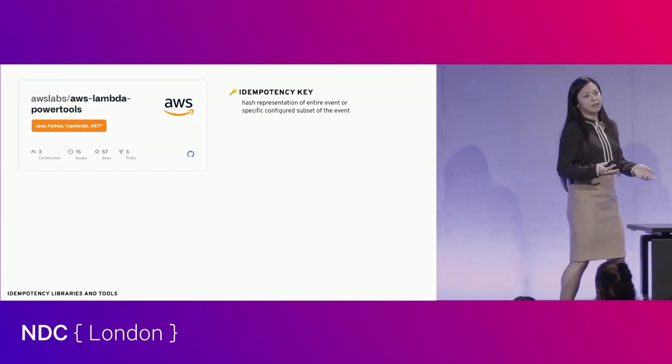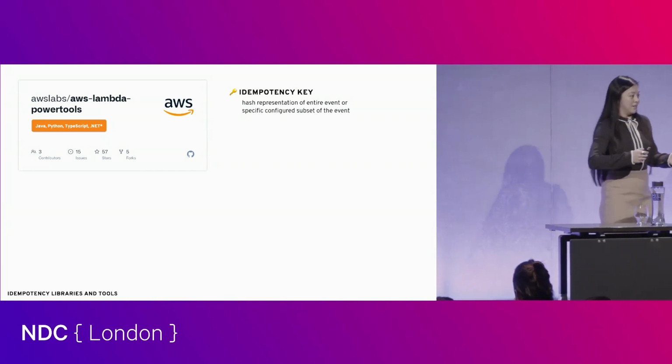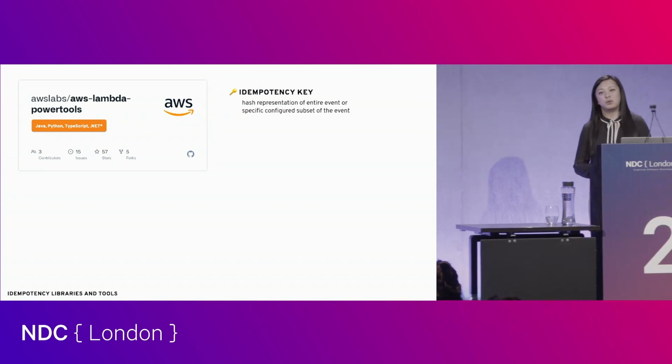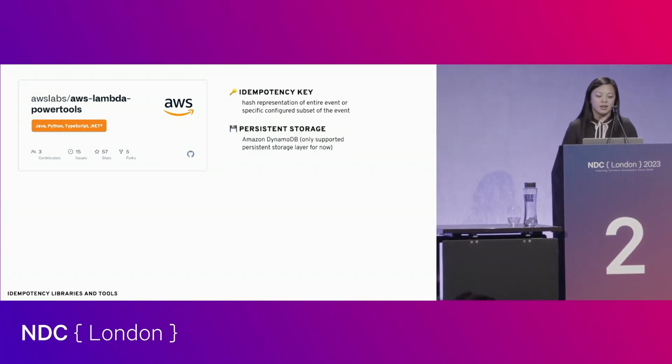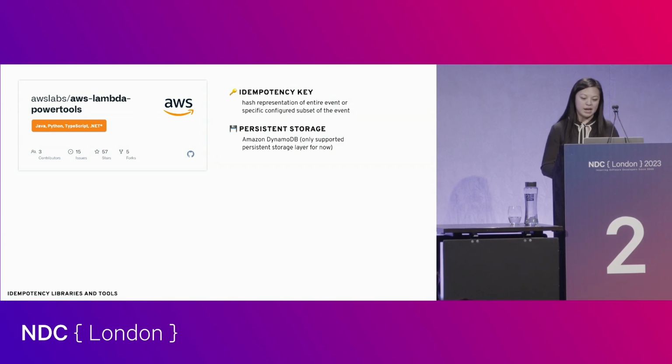So if you have really, really small payloads, then using the whole payload might work for you, or if you only need a couple of things, then you can choose to use that. Persistent storage, of course, is going to be DynamoDB, and at the time, still right now, checked yesterday, this is the only persistent storage that is supported right now.